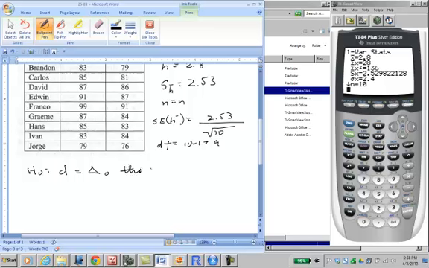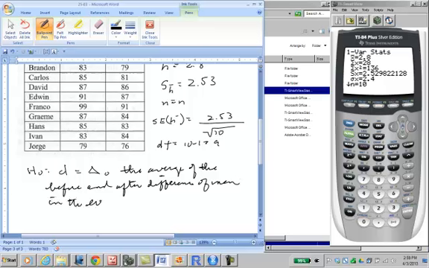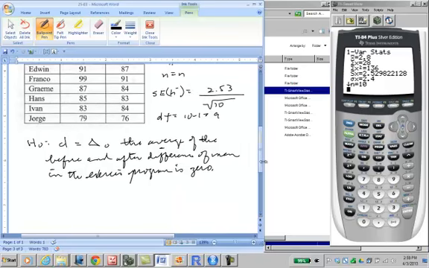The average of the before and after differences of the men in the exercise program is 0. So what's another way to say this? Exercise does not lower the heart rate.